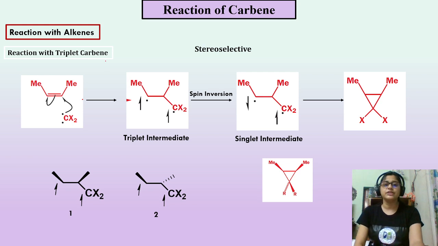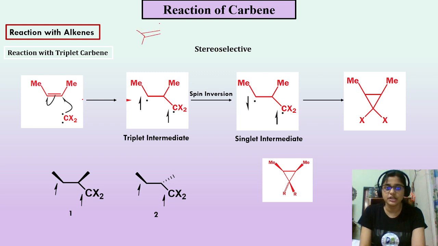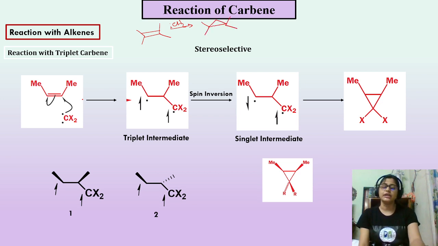The reaction with triplet carbene. In the case of triplet carbene, it is not a stereospecific reaction. From the previous lecture you should know that the reaction of a carbene with an alkene gives a cyclopropane ring.